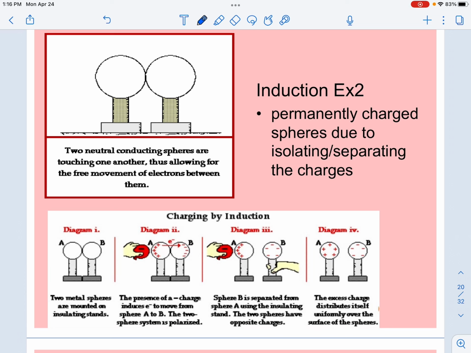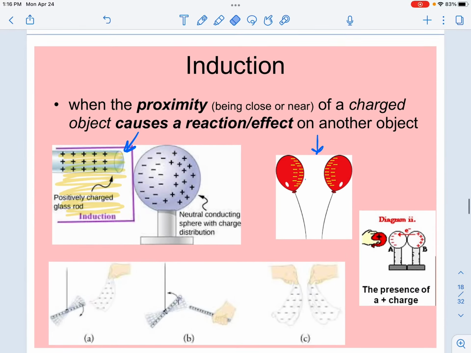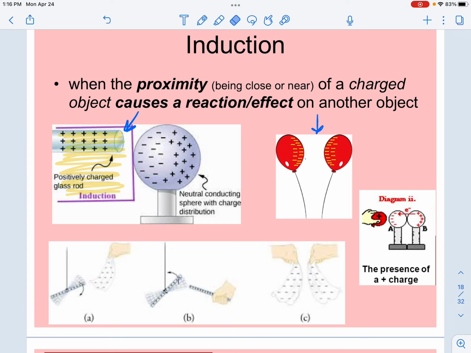And we have another example here where the charges have moved because of induction, and we've moved them so that the place that they have gathered can then be separated. So we're left with 2 separately charged things. But these parts are additional results that happen after the induction. So one more time, the word induction says that we have a charged object that comes close enough to something else to create a response because of the electric charge, okay?